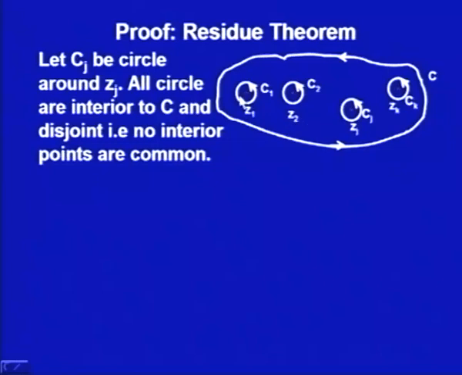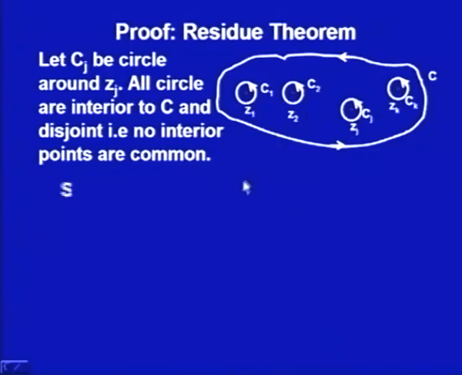So, if I am treating this as a multiply connected domain, all the singular points would be outside the multiply connected domain, because the interior of this C and the interior of all these Cj's would be out if I take the negative direction. So, this is a multiply connected domain where my f is analytic. So, using that Cauchy theorem we would say that the integral of this function f along the boundary would be 0.